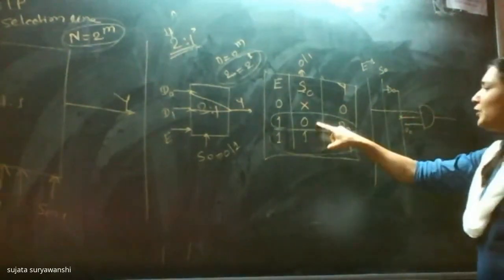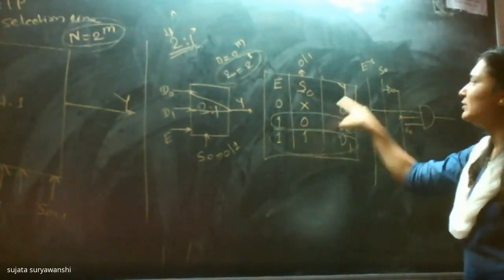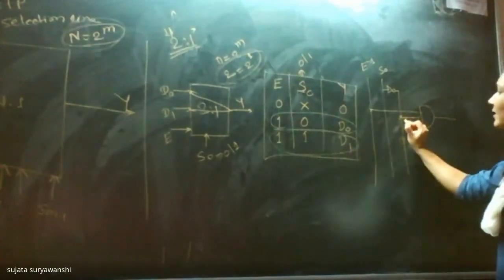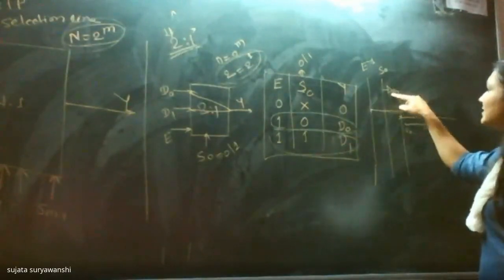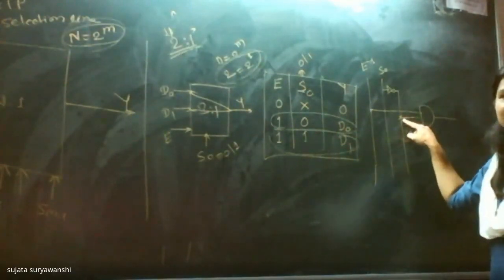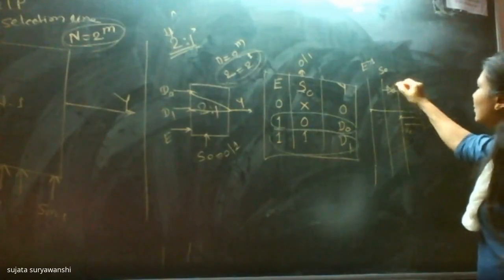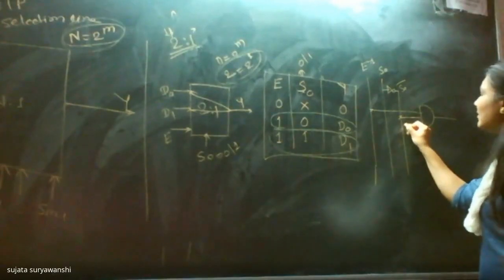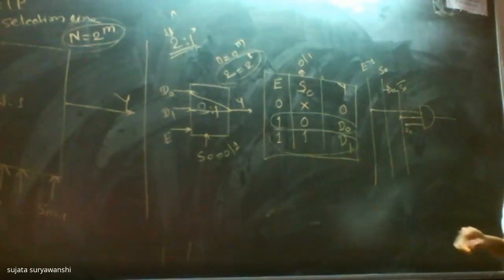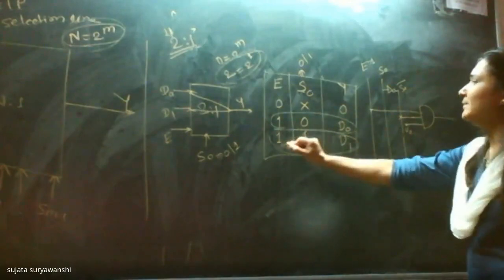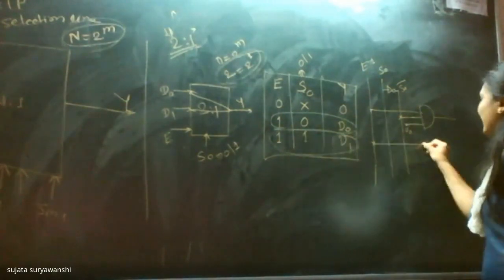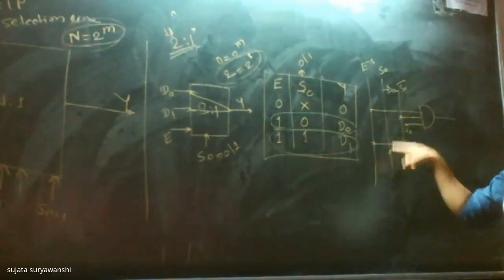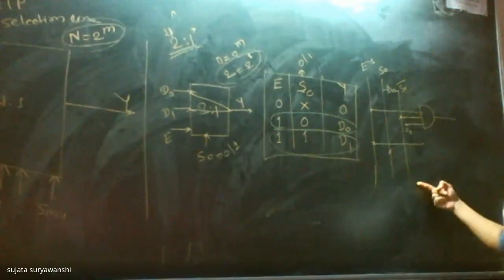Okay, for this product term, E is equal to 1, S0 is equal to 0 and Y is equal to D0. So take one line from E, take another line from S0, means you have to connect it to a NOT gate. So S0 complement is there. So take one line from S0 complement and this is your third input, that is D0. Okay, and then the second product term, where E is equal to 1, take one line from E, again S0 is equal to 1, so take another line from S0 itself, not from S0 complement.